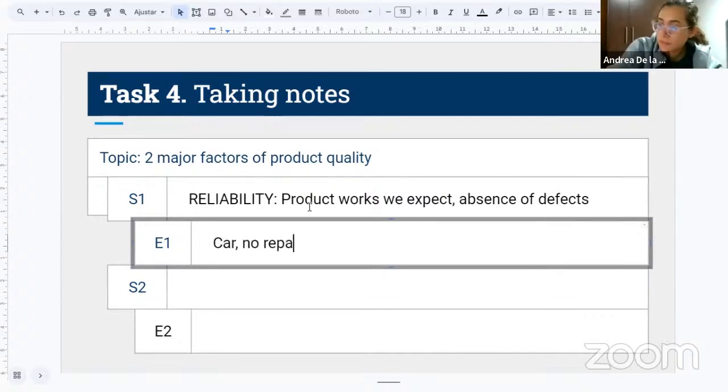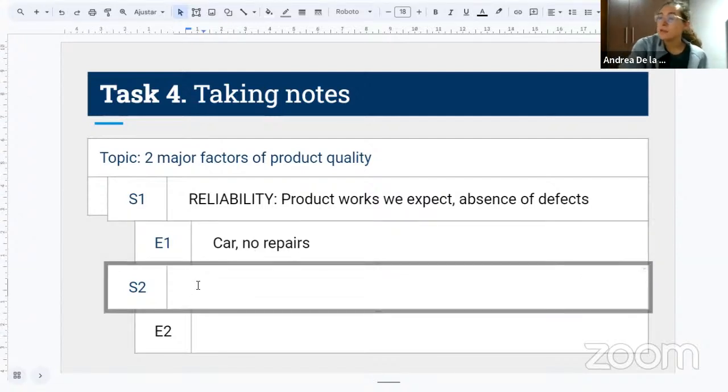Exactly. That's it. That was the example. So the professor says, for example, if you buy a car, how do you know that a car is reliable? When it doesn't need repairs too soon after buying the car. When it works well, the way that you would expect a car to work, and it goes a reasonable amount of time without needing reparation, or without you having to take it to the mechanic. So that's a reliable car, a car that works.